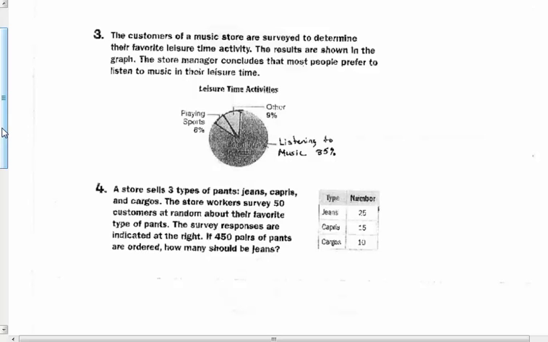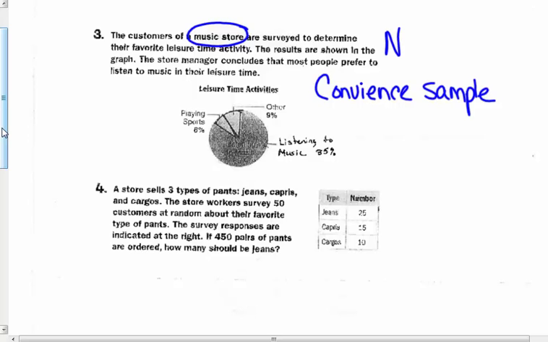Customers in a music store are surveyed. Well, that's a convenience sample. People in the music store are more likely to listen to music. This is not a valid conclusion because it's not random.